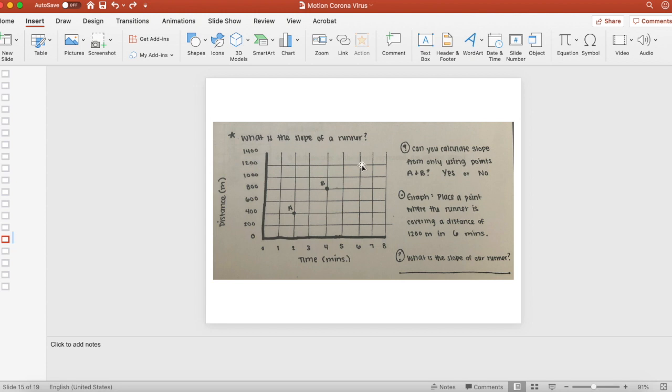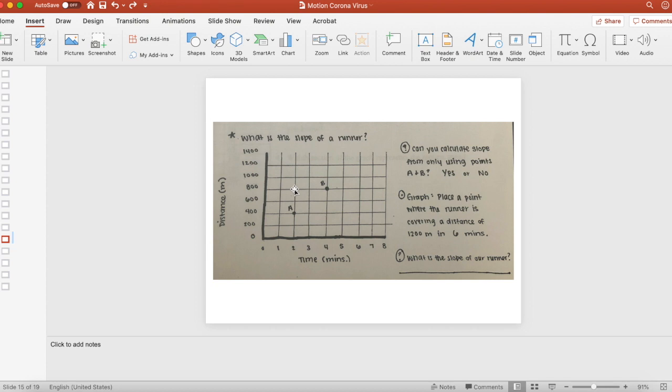So we would calculate the slope of our runner by looking at only 2 of those points and figuring out how much is the rise, what's the amount that they are going up by, and then how much are they going over their run. So if we look at points A and B, the rise from 400 to 800 is what? 400. How do you find that?